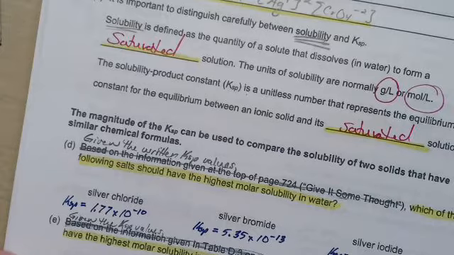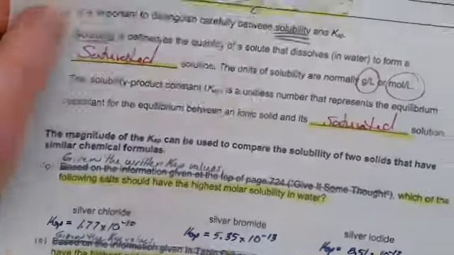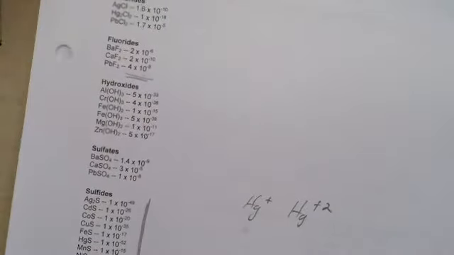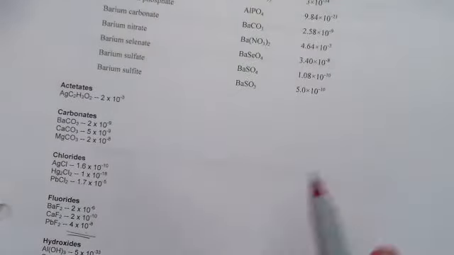Okay, so let's dig into some examples. I think this will bring to life, again, why we call it the solubility product constant. So on the second page in our unit packet, take a look.